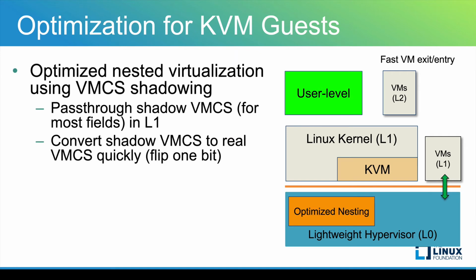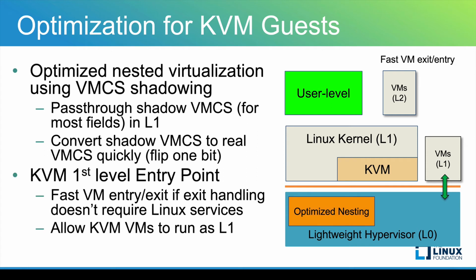One is so-called optimized nesting. I'll talk about more details on the next page. But we can pass through most of the fields of the shadow VMCS, and also we can convert the shadow VMCS to a real VMCS very quickly, just by flipping one bit. Anyway, I'll talk about more detail next page.